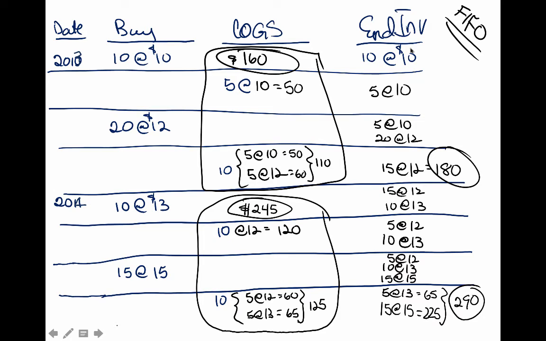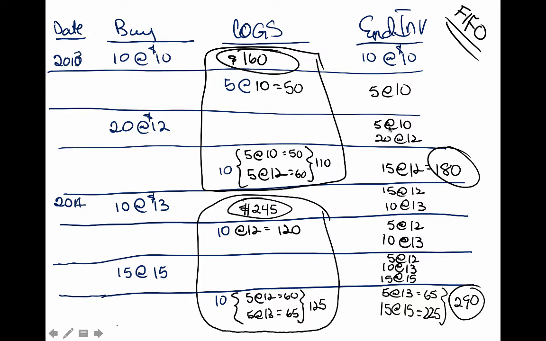Under FIFO, those 5 units would come out of the $10 layer, so we sell 5 at $10, or $50. That's where we debit cost of goods sold and credit inventory for $50. So after making that sale, we only have 5 units left in inventory at $10. We then went out and bought 20 units of inventory at $12.